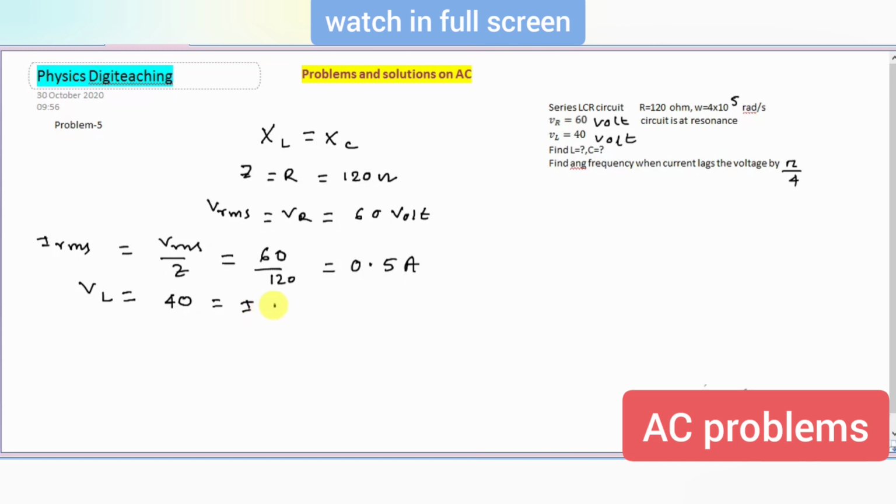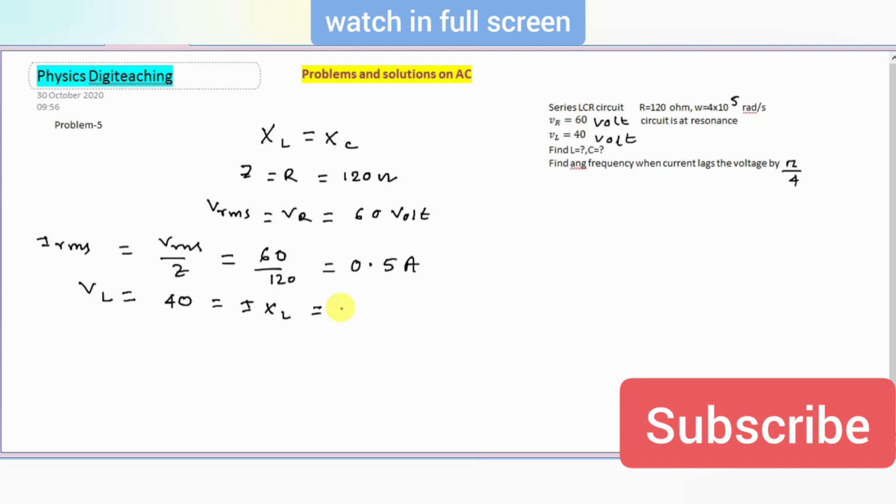I is half or 0.5, and XL. This gives our inductive reactance XL equal to 80 ohm.